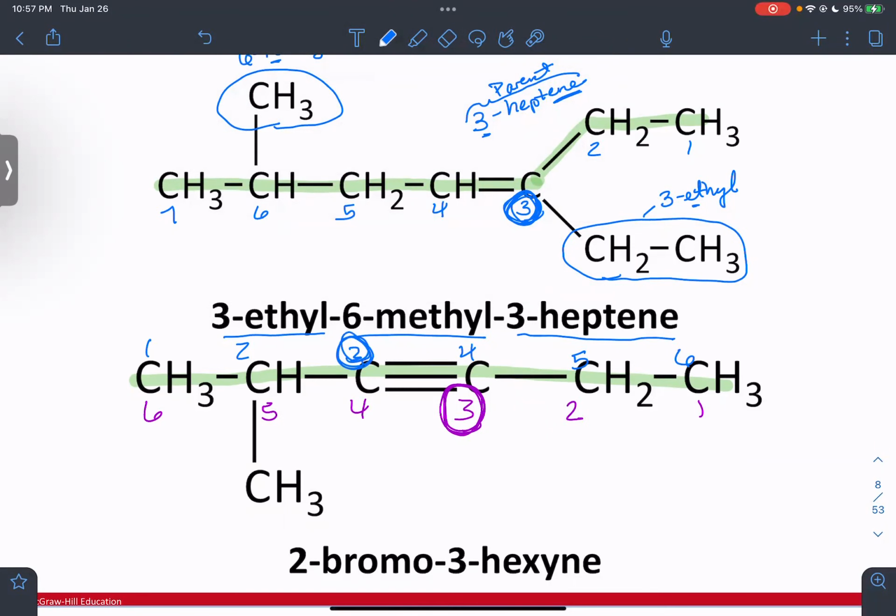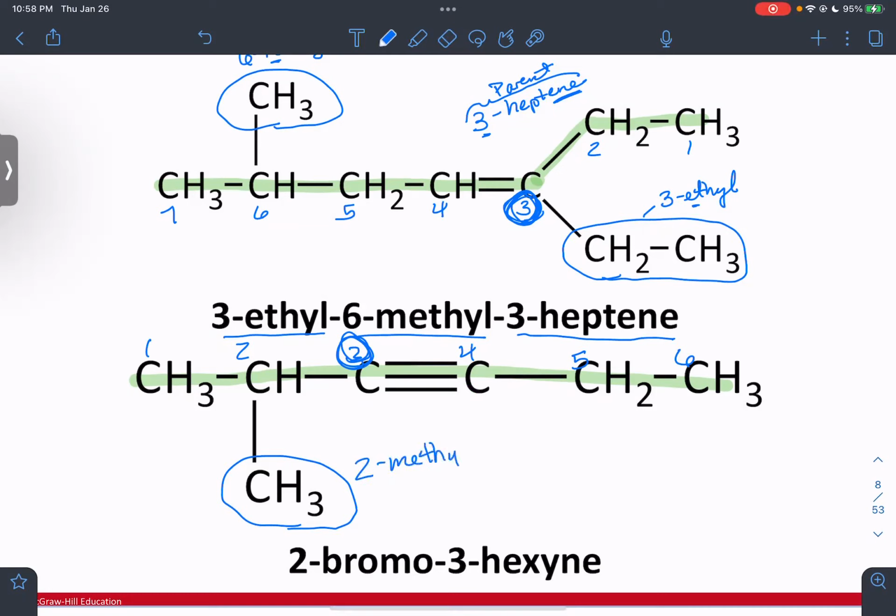So for this one, does it matter? The answer is yes, because I have another substituent. You want to give this substituent down here the lowest number possible. What are we going to give this? 5 is much bigger than 2. So we don't want to use these purple numbers at the bottom because it gave our substituent a much greater number. We're going to stick with these. So this is a 2-methyl.